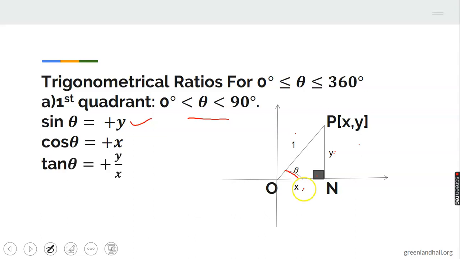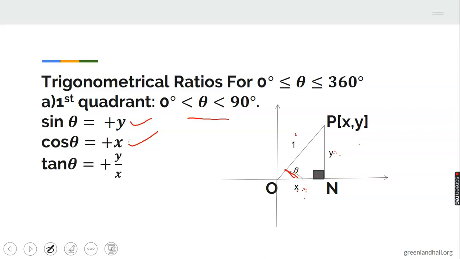Similarly, cosine is the adjacent over hypotenuse. So it is x over 1, and it is plus x. So cosine is positive. Lastly, what is tangent of this angle? Tangent is opposite over adjacent.